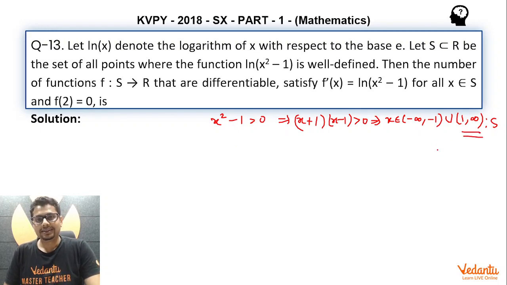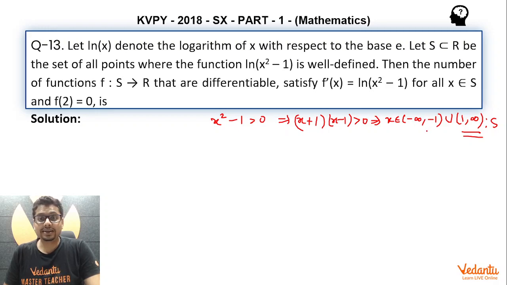So that means the arbitrary constant corresponding to this interval we would be able to fix, we would be able to determine. However, what about the arbitrary constant related to this interval? Of course, this is an order 1 differential equation, so there will be only one arbitrary constant. So for this interval, we would be able to fix the arbitrary constant, but not for this interval.